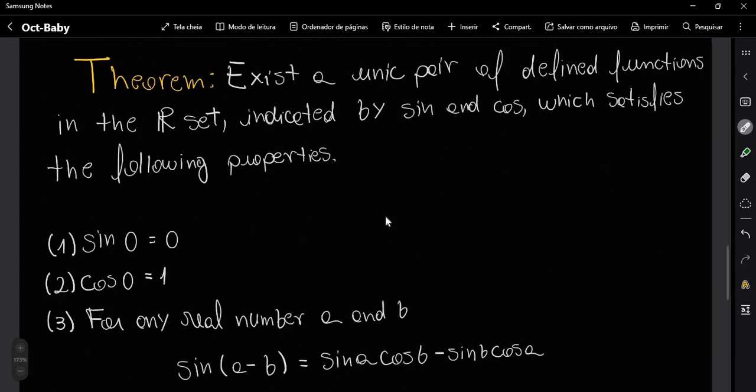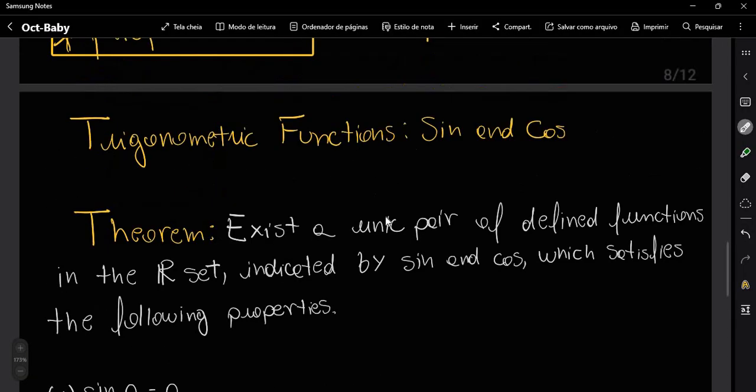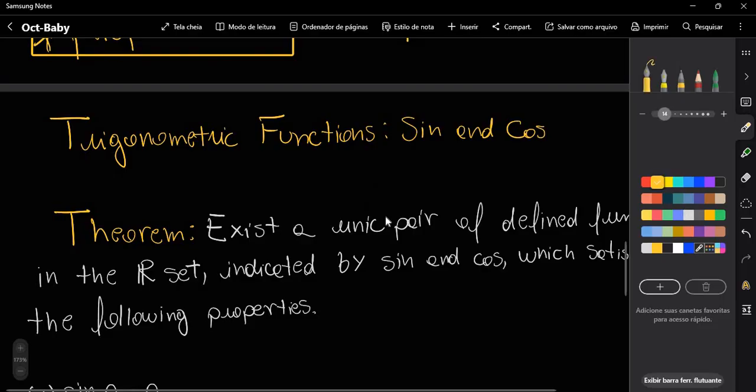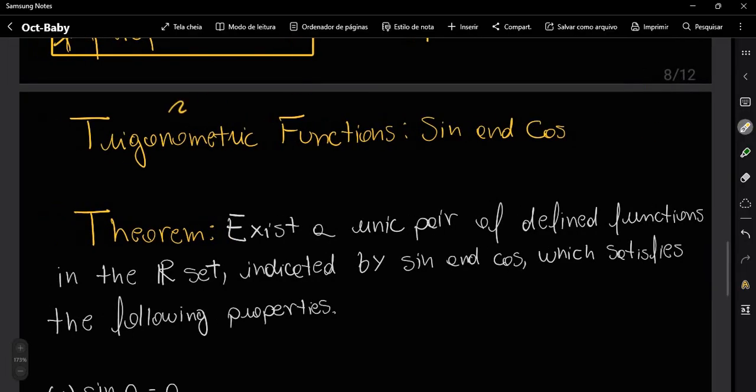Okay, so before we continue, we are already discussing trigonometric functions, but what we want right here is a visual discussion.